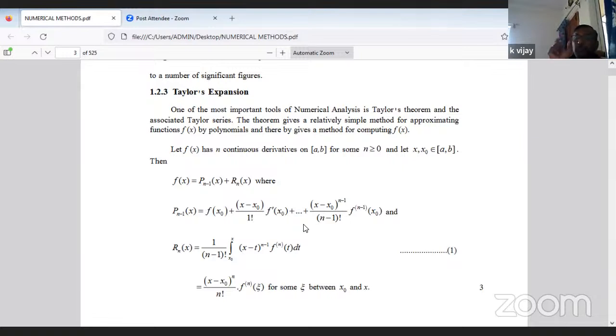We take f of x equal to Pn minus 1 of x plus Rn of x. Here Rn means the remainder term.